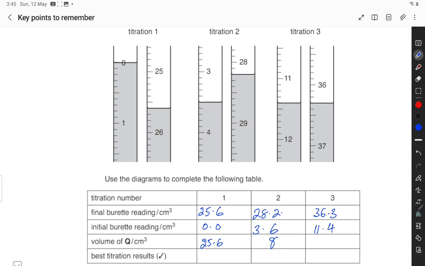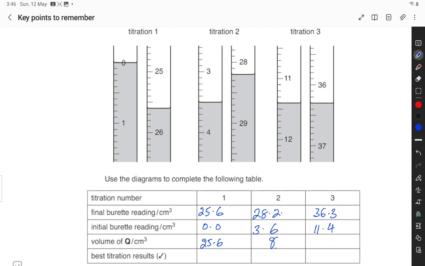Similarly, 36.3 is the final reading and 11.4 is the initial.